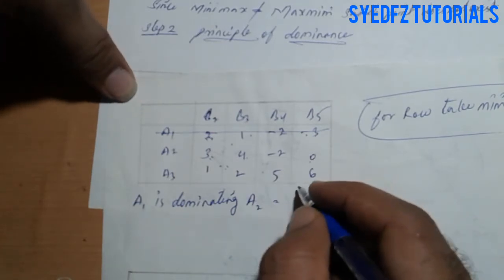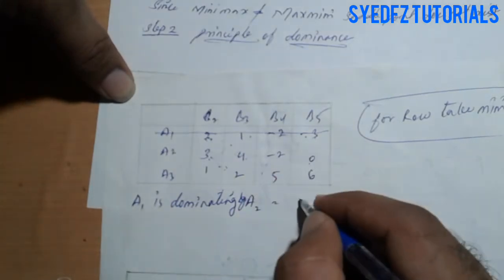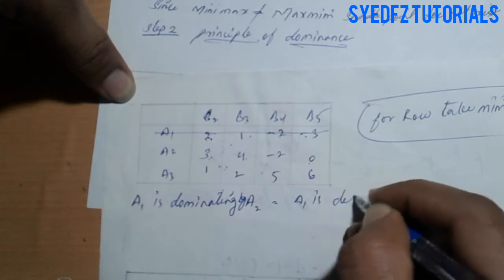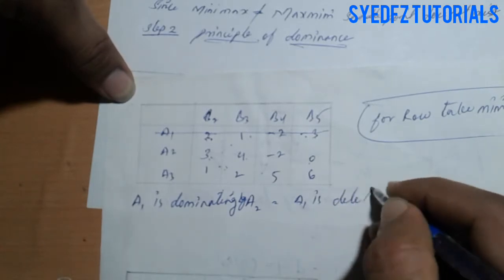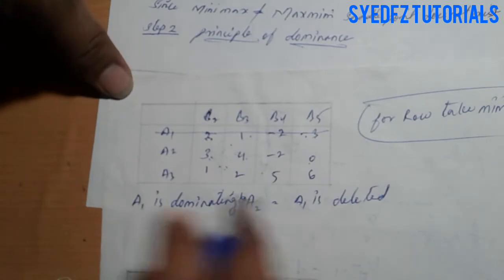Okay, that's how it is dominated by A2. So A1 is deleted.